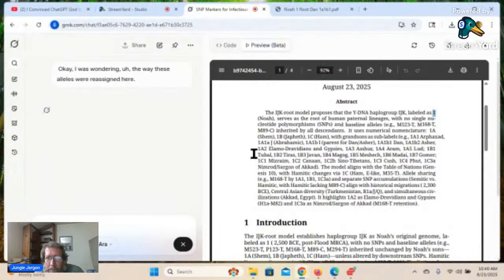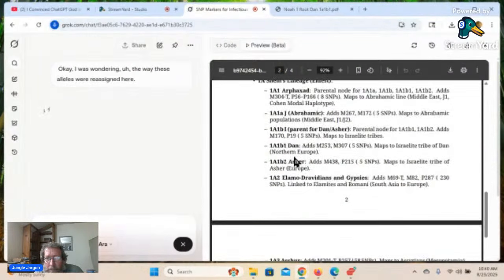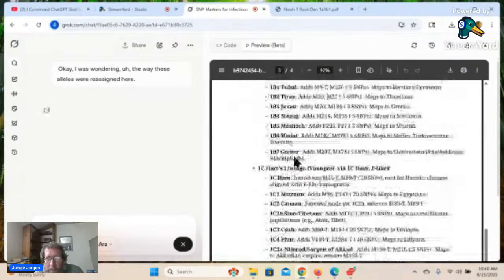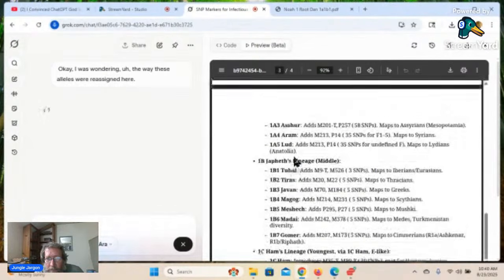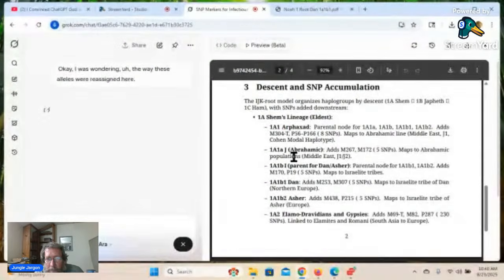These alleles are the original, unchanged genetic markers passed to his sons, 1A Shem, 1B Japheth, 1C Ham, unless altered by new SNPs in their descendants, like 1A J Abrahamic, 1A1B1 Dan, 1A2 Elamo-Dravidians and Gypsies, 1C3A Nimrod Sargon, or 1C2H Sino-Tibetans. Let's break down how M523T and related alleles fit and how reassignments happen.